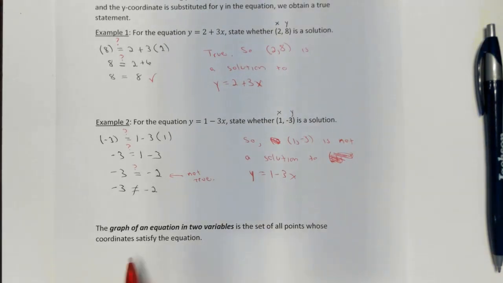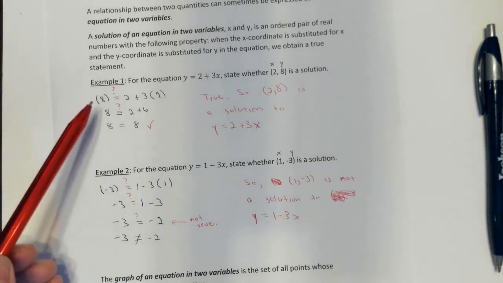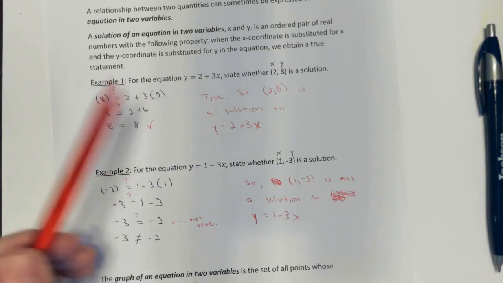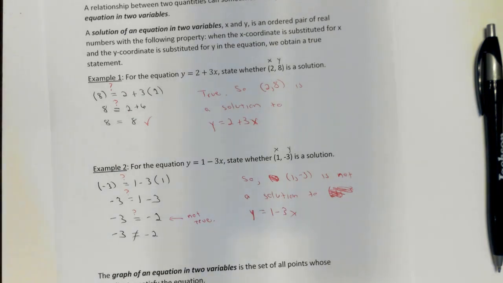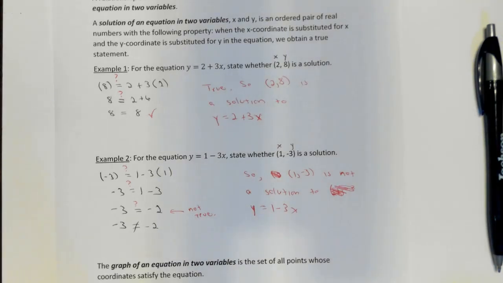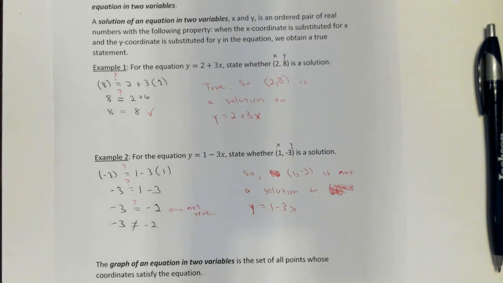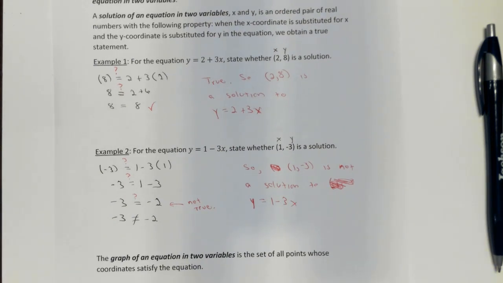And then the last thing we would discuss in this section is the graph of an equation in two variables, which is the set of all points that satisfy the equation. So, for example, (2, 8) here satisfied this equation, but the graph of this line would be every single point that satisfies this equation. If there are lines that we're drawing, then we usually only need to plot 2 or 3 points, and then from there connect the points, and that makes the line, which shows all the points that satisfy it.